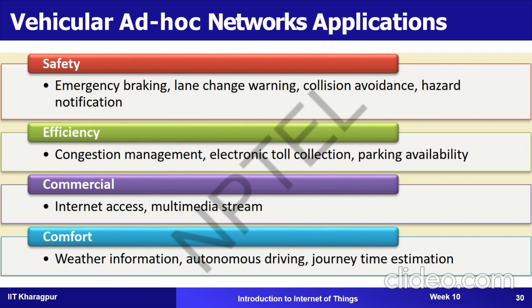Then the commercial uses are, for example, internet access and multimedia streaming. And for providing comfort to the user, you can get weather information, autonomous driving, and journey time estimation with the help of vehicular ad hoc networks.